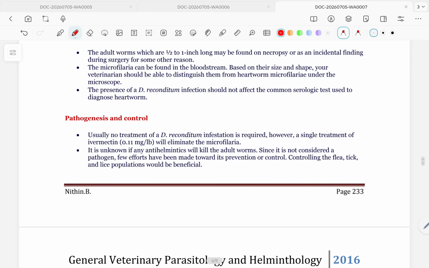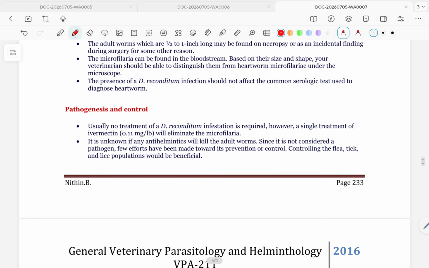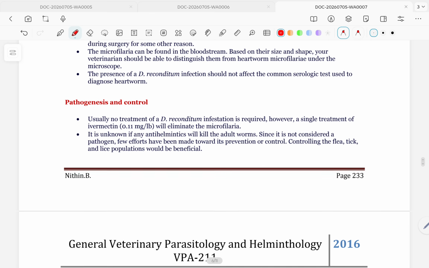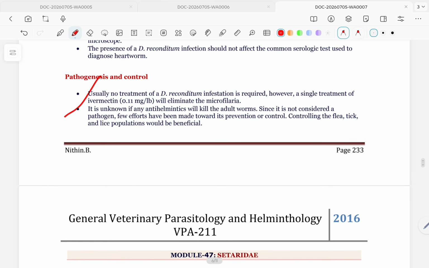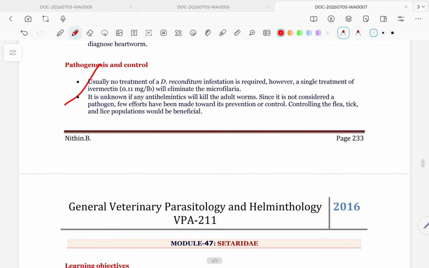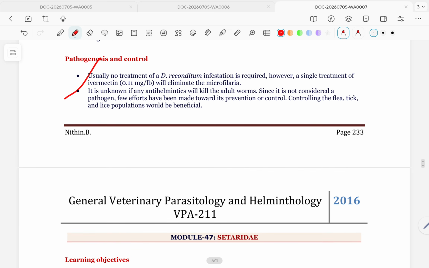The presence of a D. reconditum infection should not affect the common serologic tests used to diagnose heartworm. Pathogenesis and control. Usually, no treatment of a D. reconditum infestation is required. However, a single treatment of ivermectin 0.11 mg/kg will eliminate the microfilariae.